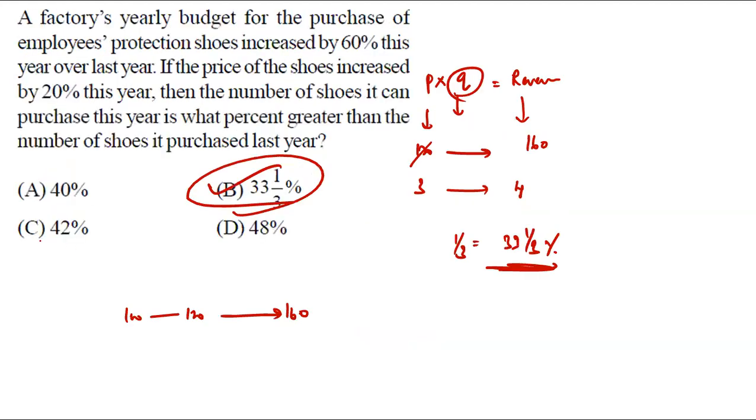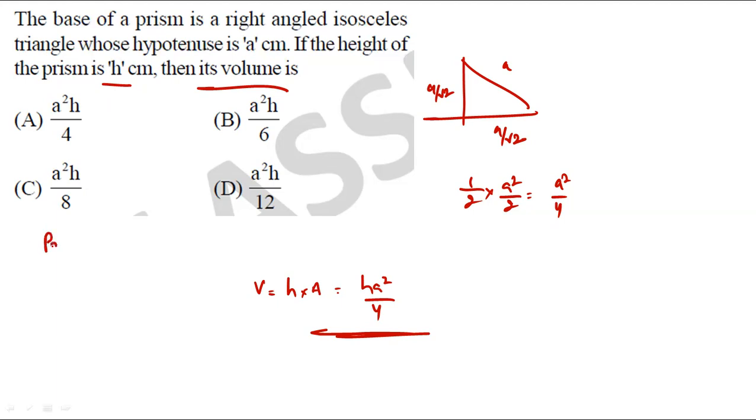What is the volume of the prism? For prism, the volume is height into base area. Okay. Remember for prism, lateral surface area is base perimeter into height. Total surface area is 2 into base area plus lateral surface area. When it comes to volume, height into what? Base area.